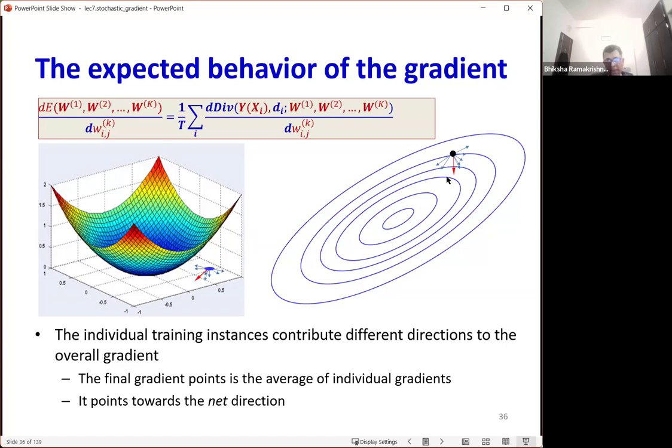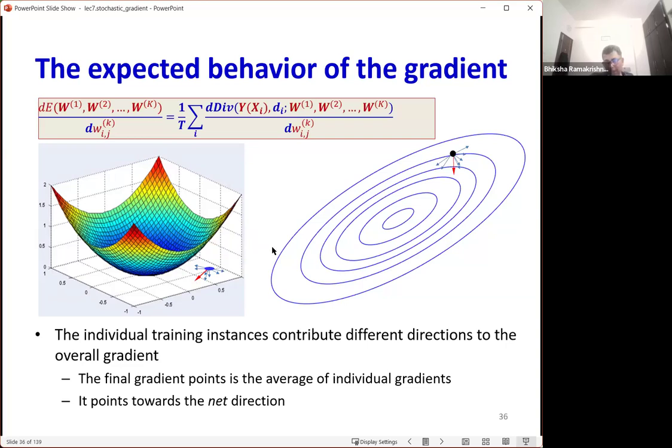Now, if you pick any given training instances, maybe for one training instance, the gradient points this way, for another it points this way, for the third it points this way, for the fourth it points this way. So the overall gradient that you choose is the average of all of these gradients, which is perhaps given by this red line. And that is the direction in which you would move the network parameters. This is what happens, right?